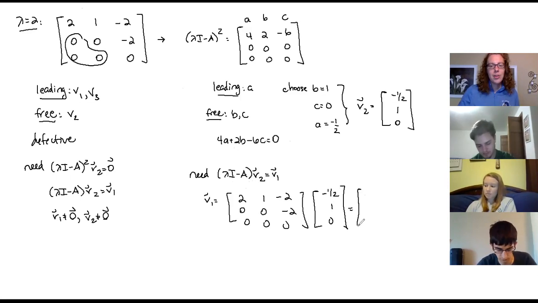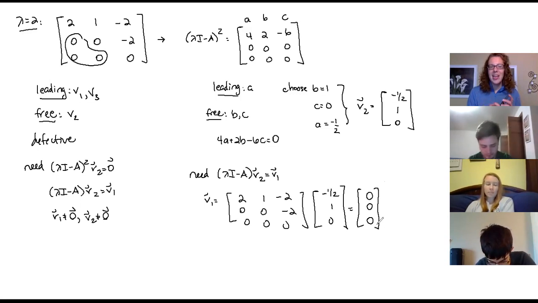Do your matrix multiplication. Multiply that out, see what we get. Should get the vector 0, 0, 0.